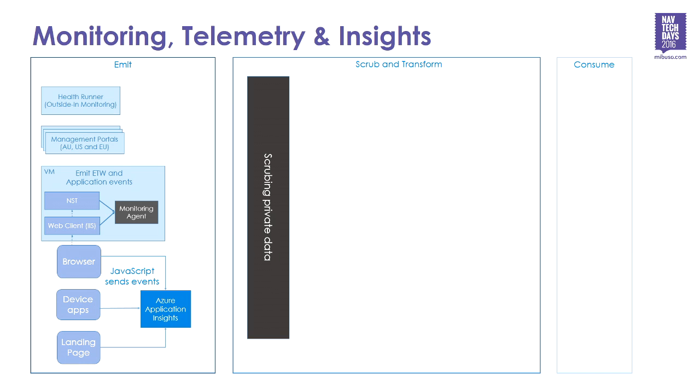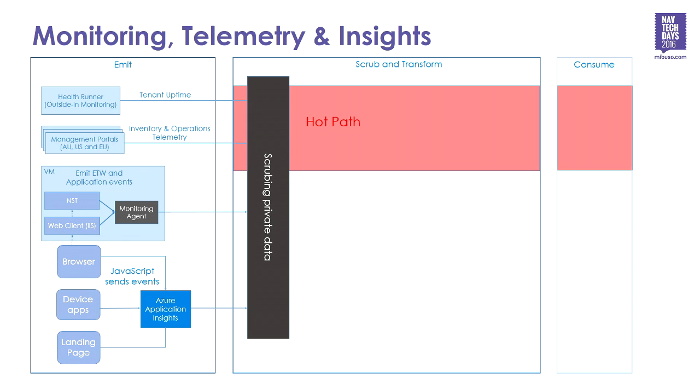So before we do anything with the data, we ensure that it's scrubbed of private information. So both the tenant uptime and the inventory and operation telemetry, all the ETW events and operations registered on the client side, all of them get the private information removed before we have access to it.